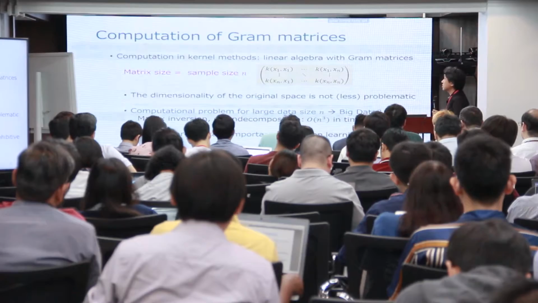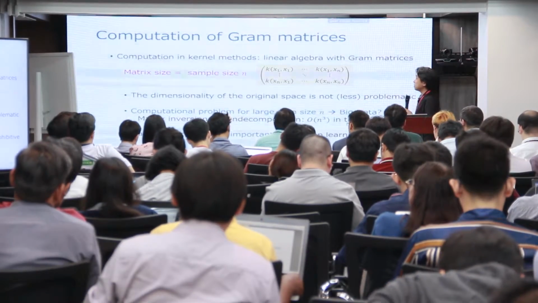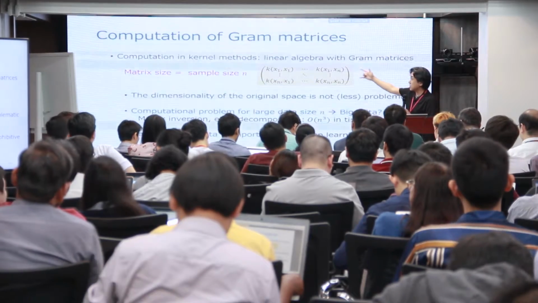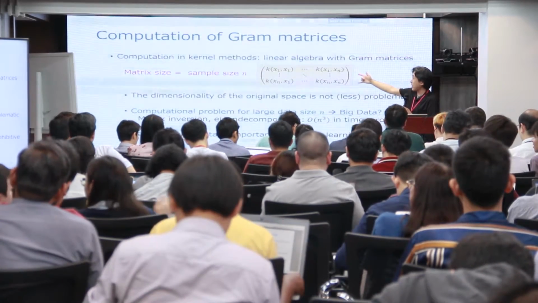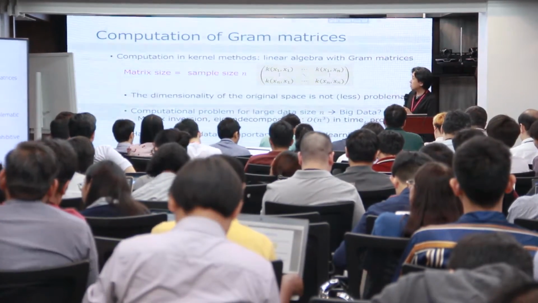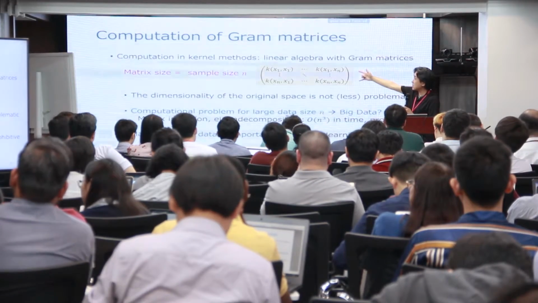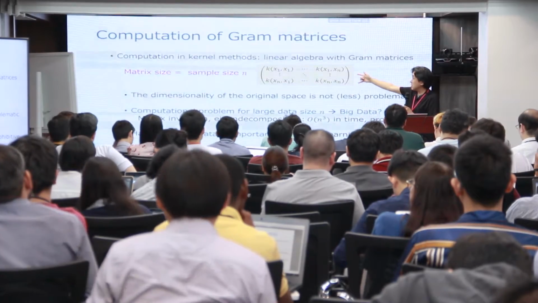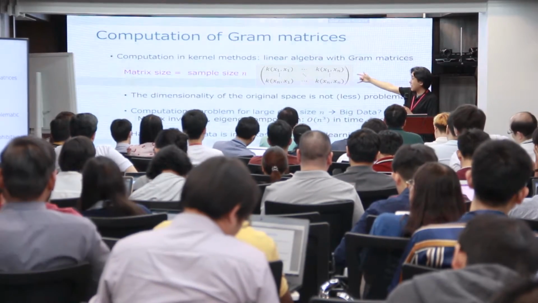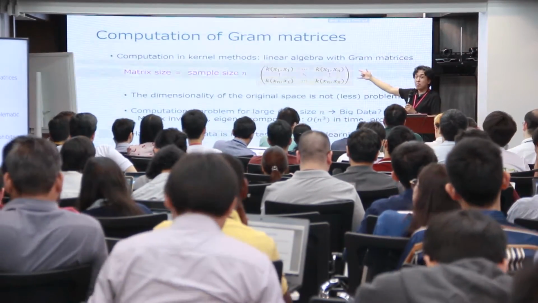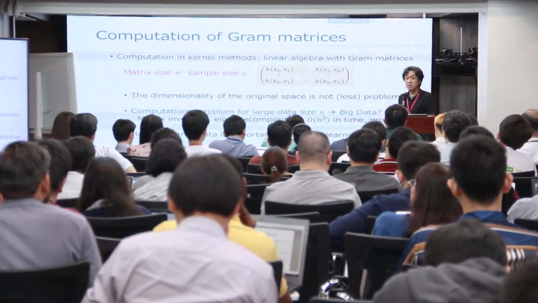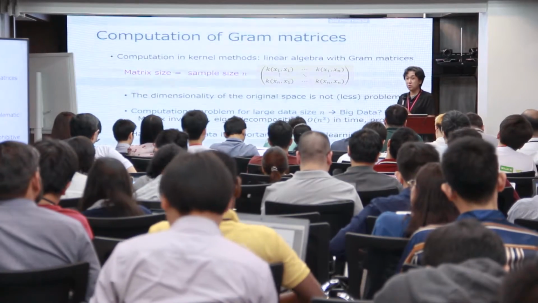In kernel methods, as we have already seen many times, the information of the data is expressed in terms of the Gram matrix. The Gram matrix has a size of n squared, where n is the sample size. So if the sample size is medium, then we have a matrix of million times million. That causes many problems.